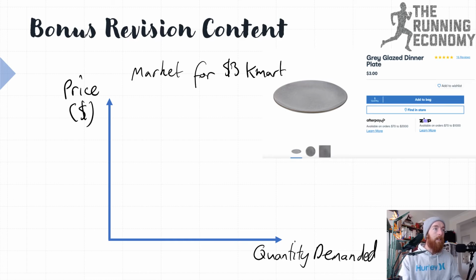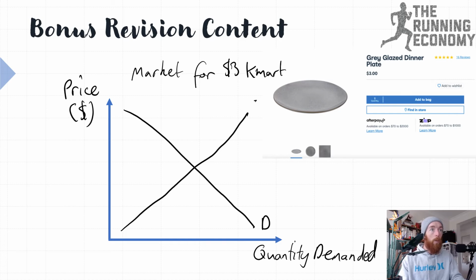We are going to have our demand line, which slopes down in that direction, D. We don't really need a supply line because we're only talking about demand here, but we'll draw a supply line anyway, just to fit everything in, because we know what the equilibrium point was before. The equilibrium point was $3. So we are going to be here, and the quantity, we don't know the quantity, we'll just call it Q1.